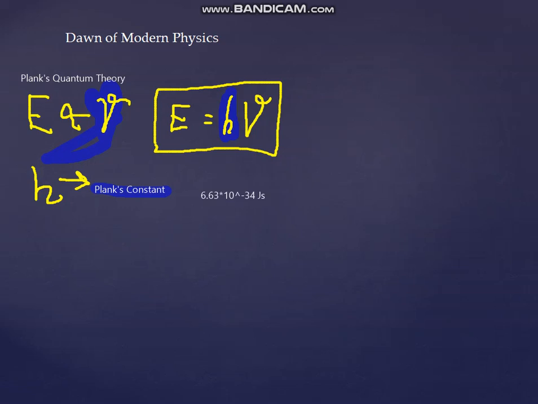So if we derive this formula for how it's related to the speed of light and to wavelength, we'll see that mu is equal to c upon lambda. Okay, so mu is equal to c over lambda.